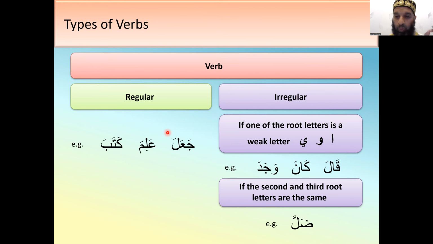What problem does a weak verb present us? What problem do we have with a weak verb? Same answer as 2 weeks ago. Or 3, 4 weeks ago.